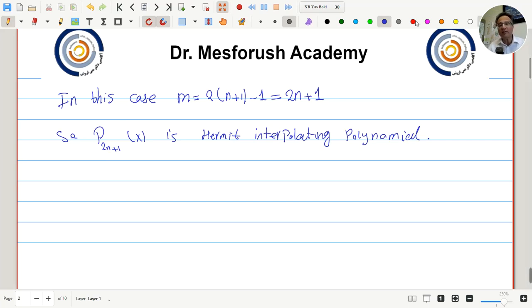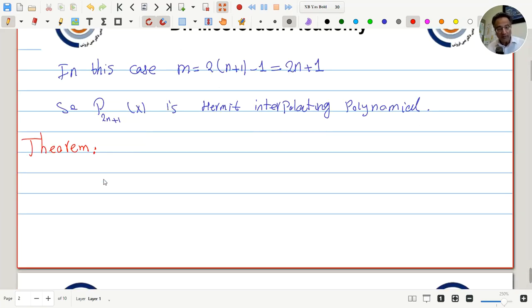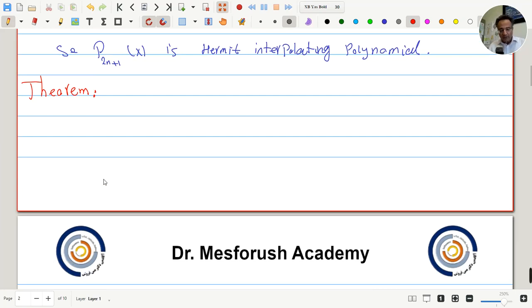Let me state and prove a theorem. This theorem is in fact the most important theorem for the Hermite interpolation section.